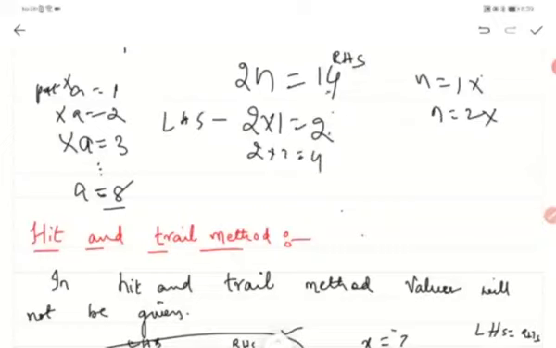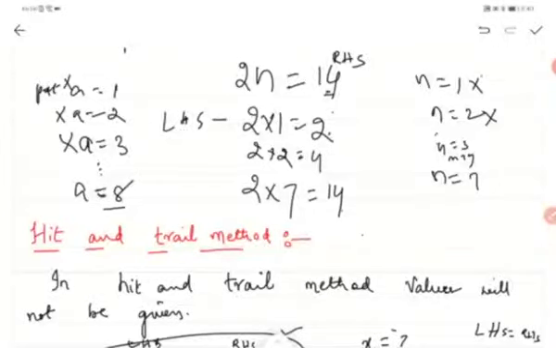So when will you get 14? If you try n equal to 3, n equal to 4, 2 into 4 is 8, again you are not going to get 14. So if you substitute n equal to 7, 7 into 2 is 14. So 2 into 7 will give you 14. So the value of n here is 7.